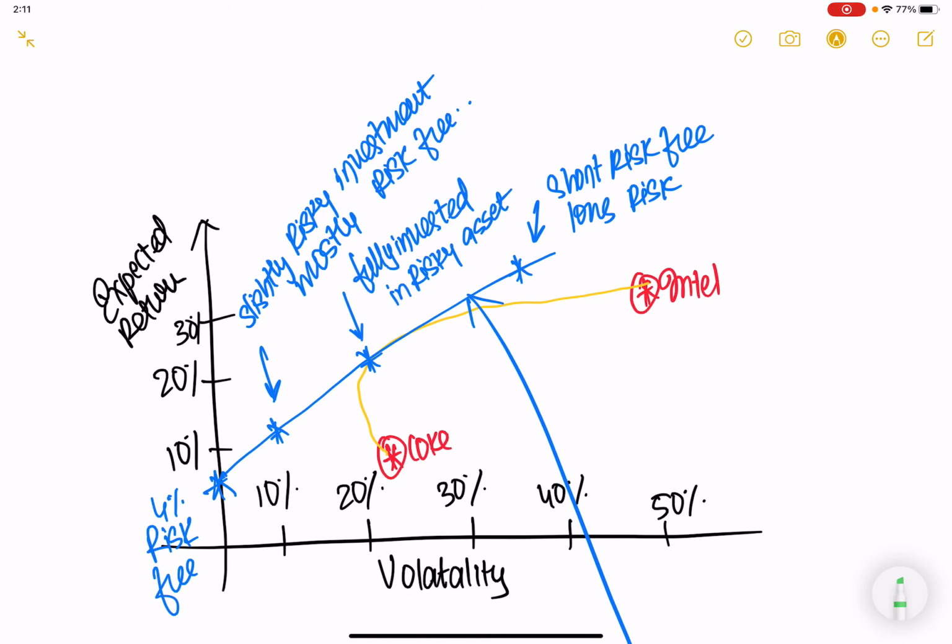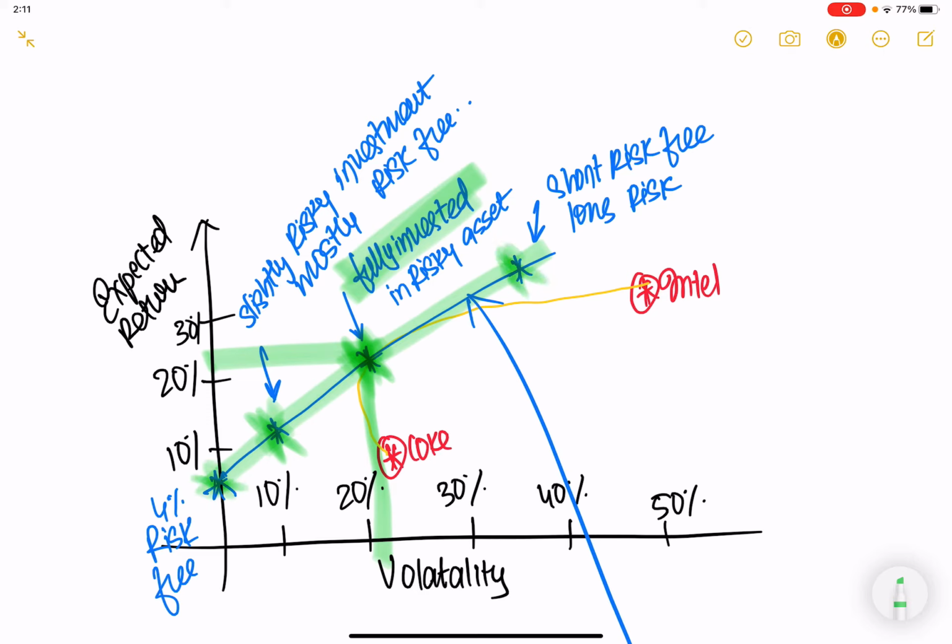So if we were to draw that line that is a tangent portfolio, you can imagine that you can invest 100% in this risky asset, and in that case, you should get this risk and return. But you can also say, hey, I don't want to be fully invested in stocks or a risky asset. I want something here, where I'm invested in some portion of my tangent portfolio, but I'm also having investment in the risk-free.